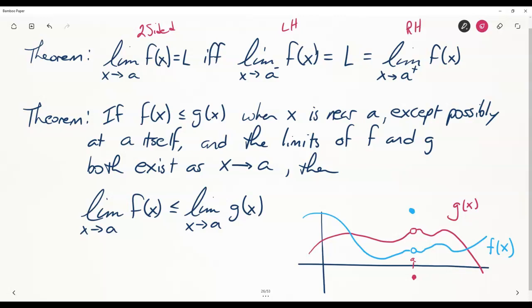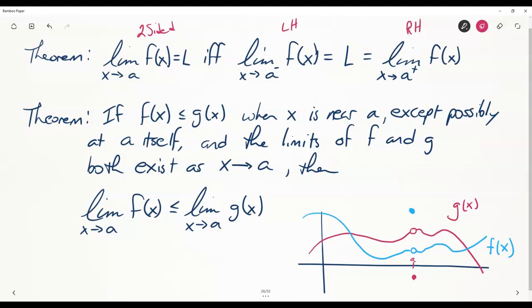So if I look at some neighborhood around a, ignoring everything else, then I do have that f of x is less than or equal to g of x, except in this case, at a, the blue function jumps up here, and the red function jumps down. So in my picture, f of x is actually greater than g of x at a.